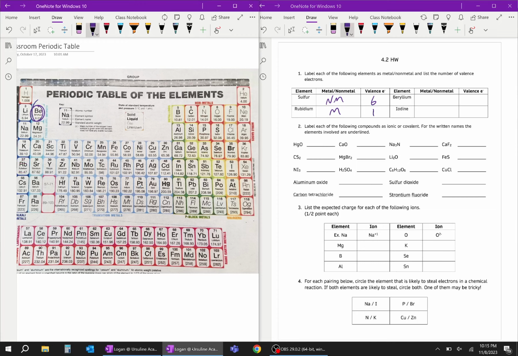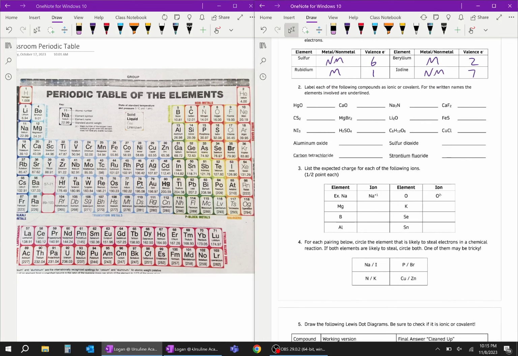Beryllium is also a metal. It has 2 valence electrons, being in group 2A. And iodine right here is a nonmetal, right side of our zigzag line, and it has 7 valence electrons.